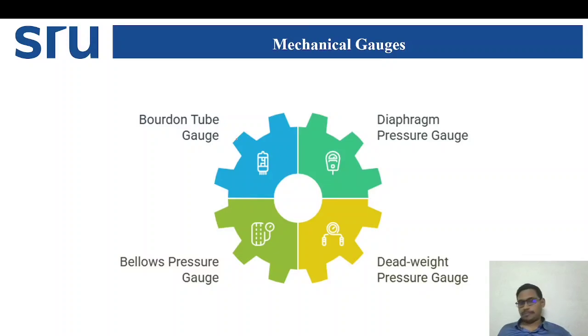Now another one, coming to the mechanical gauges. So mechanical gauges are nothing but the Bourdon tube gauge, diaphragm pressure gauge, bellows pressure gauge, and deadweight pressure gauge.